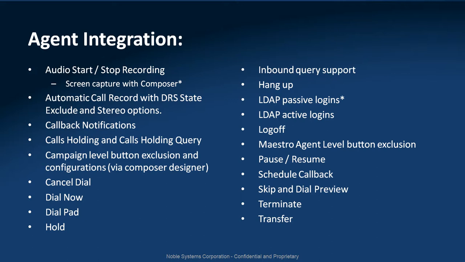In this way, users can enable or disable specific functions like the ability to transfer a call, schedule callbacks, automatically start and stop audio recordings, and so on. Companies that wish to record both the audio and the screen activity on the agent's desktop will use Salesforce.com and Composer simultaneously.